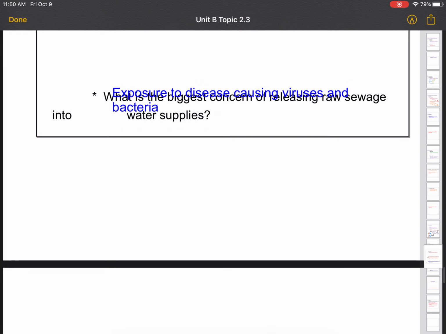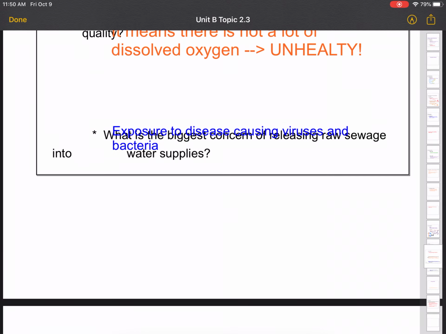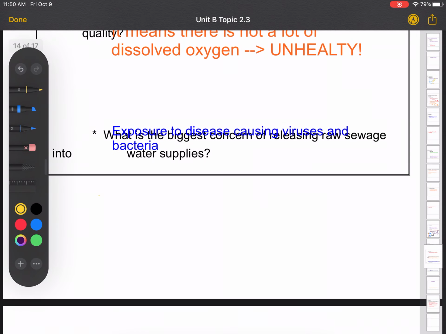What is the biggest concern of releasing raw sewage into water supplies? Well, it's exposure to disease causing viruses and bacteria. So as well as putting fertilizers into the soil, if we put sewage, that's also going to cause an algae bloom.